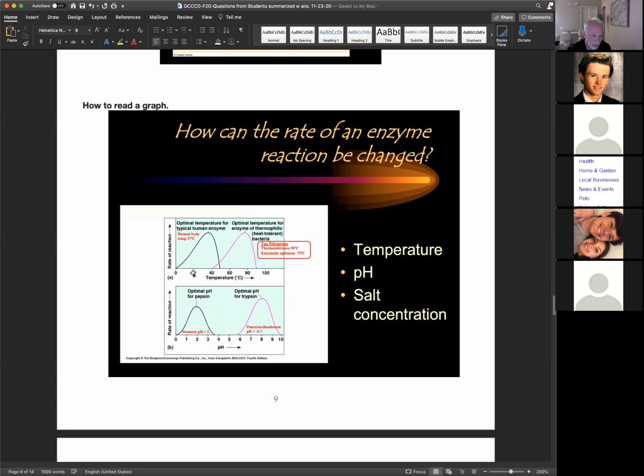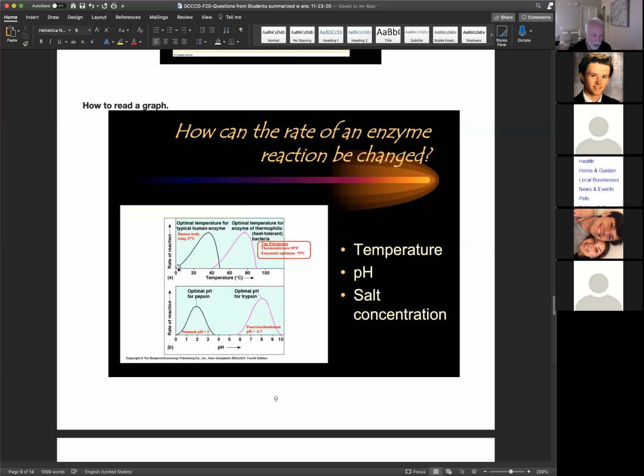On this top graph, on the x-axis, we have temperature increasing from 0 to 100 degrees. And so if you plot the rate of reaction at any given temperature, say if the temperature is 20, then you go up to the line, and that indicates the rate at a temperature of 20 degrees.